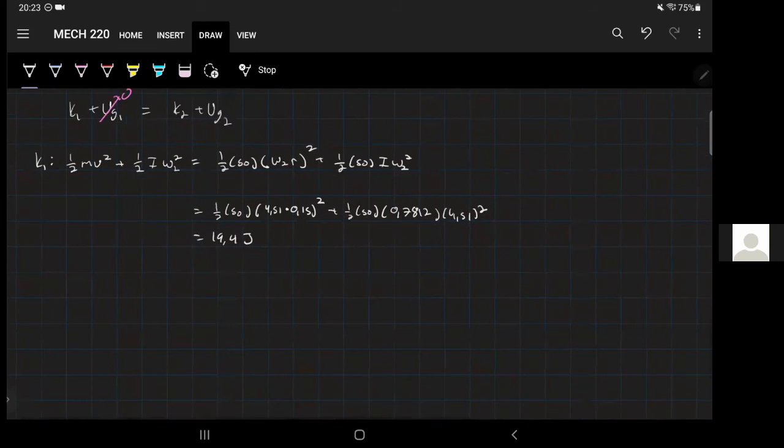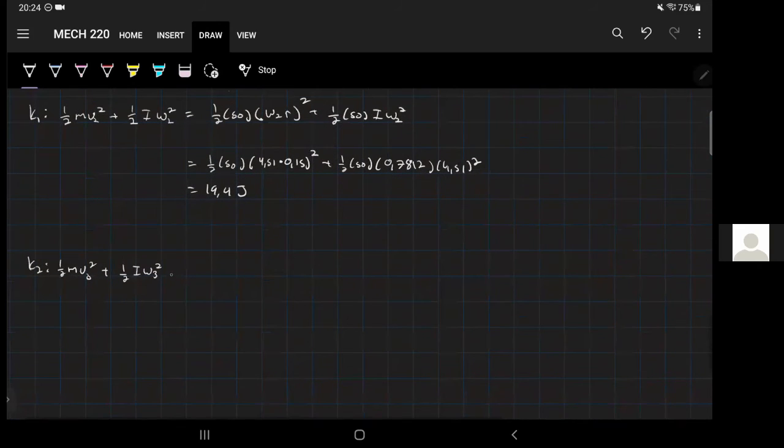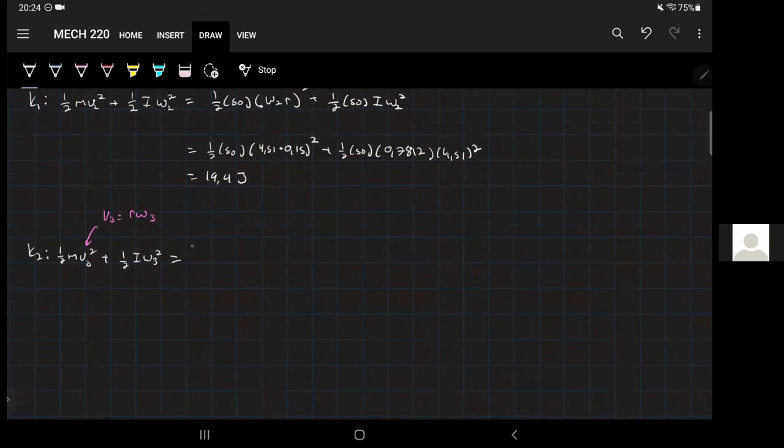Then similarly, you want to do something for K2. But here we do not have the omega 3 that I'm going to call it now. So I have just 1/2 I omega 3 squared. We're going to sub in V3 equal to R omega 3. So we have 1/2 mass R omega 3 squared plus 1/2 I omega 3 squared.